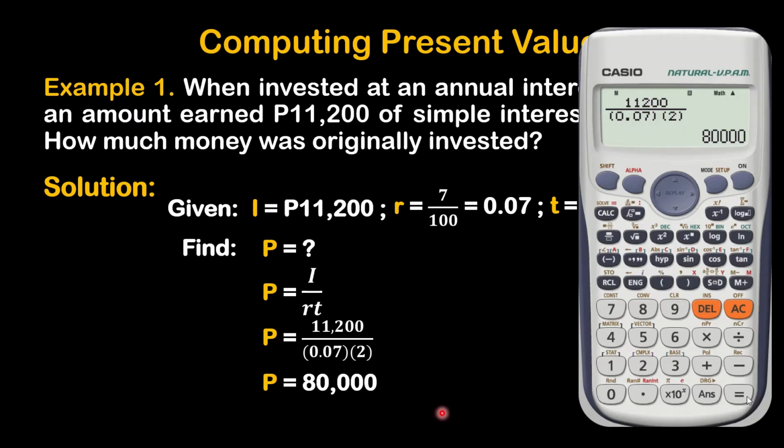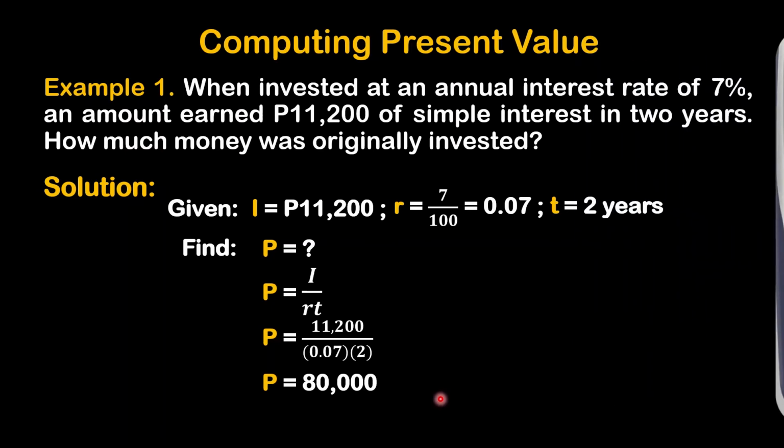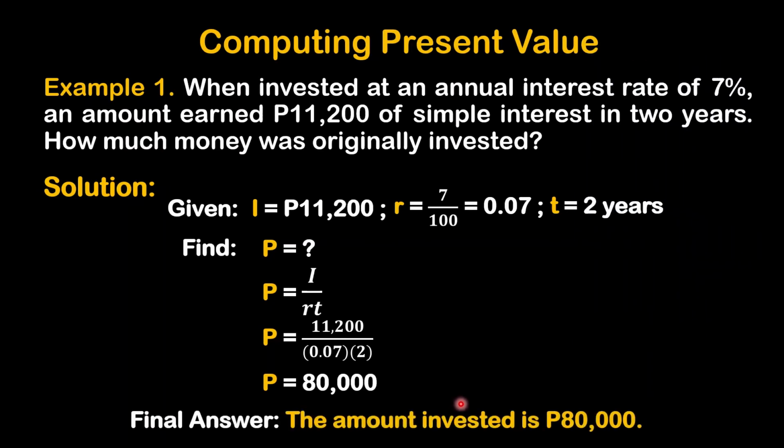For our conclusion, the amount invested is 80,000 pesos. That is the amount of money that was originally invested to earn an interest of 11,200 pesos. So that's the answer for this example.